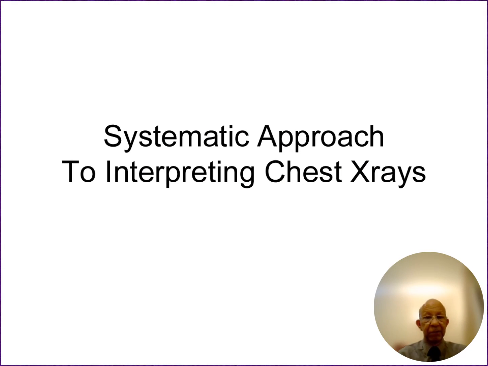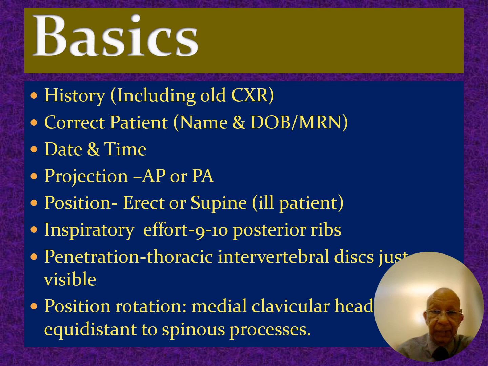Now, how do we take a systematic approach to interpreting a chest X-ray? You really need to go through these steps in a very structured way. First, the history, including an old chest X-ray. Then make sure that you're looking at the correct patient's name, date of birth, and medical record number, and the date and time the X-ray was taken.